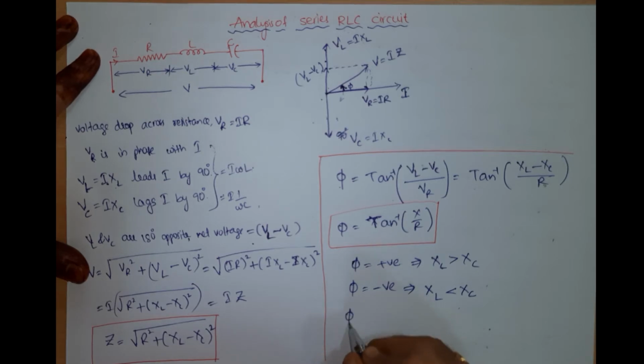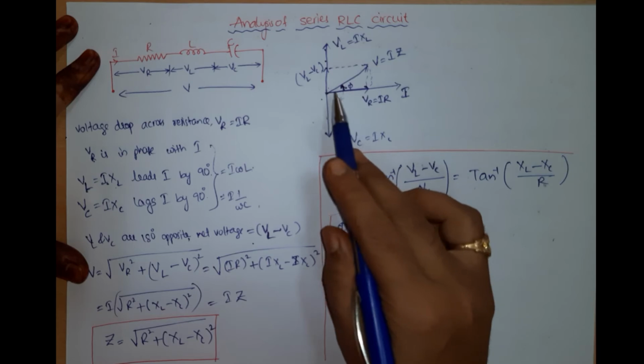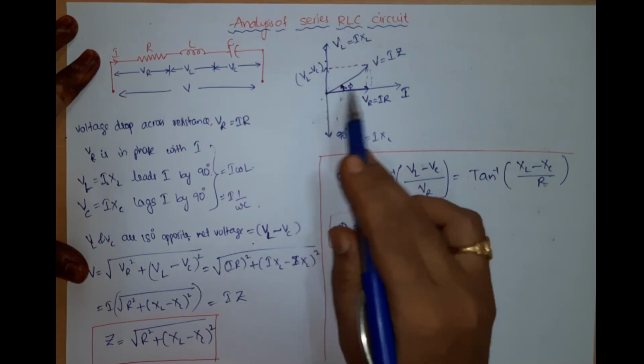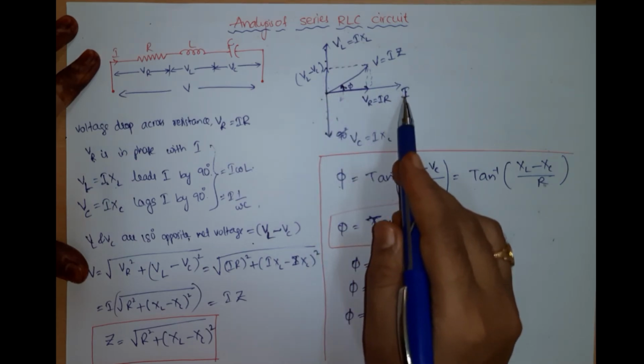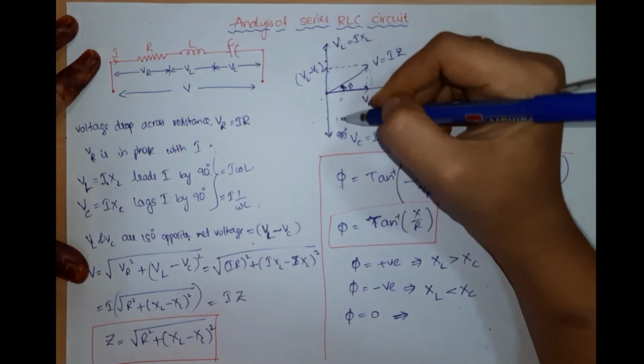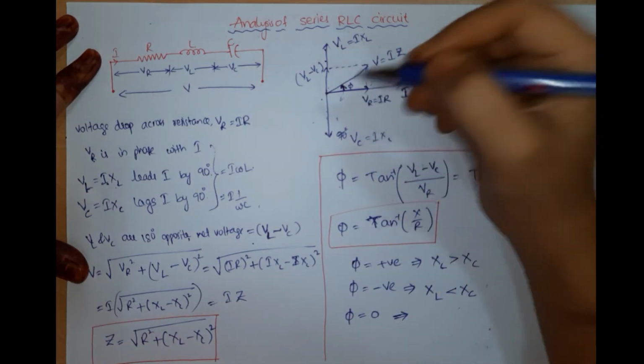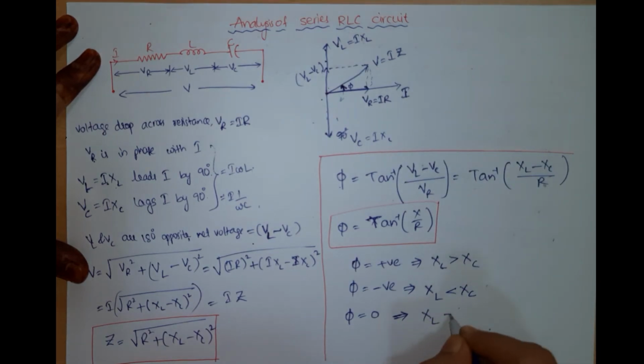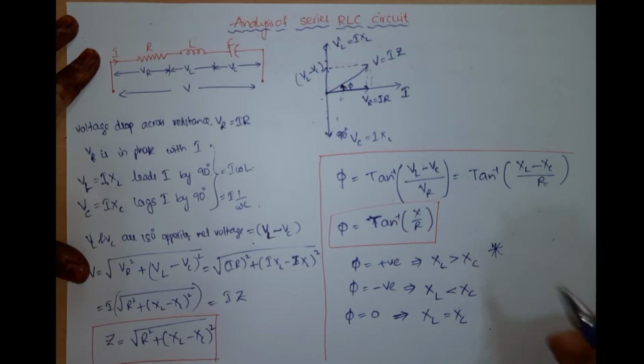Now, if phi is 0, that means the resultant of VL and VC is in phase with the reference current I. If it is in phase, XL and XC cancel out each other. That means XL is equal to XC. These are the three very important conclusions which you need to keep in mind.